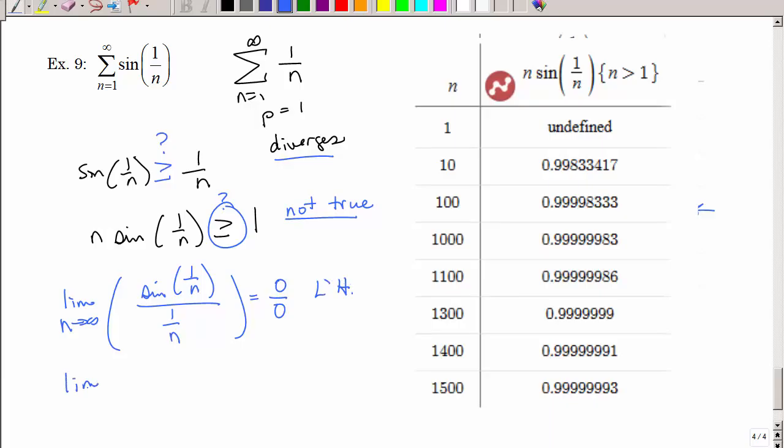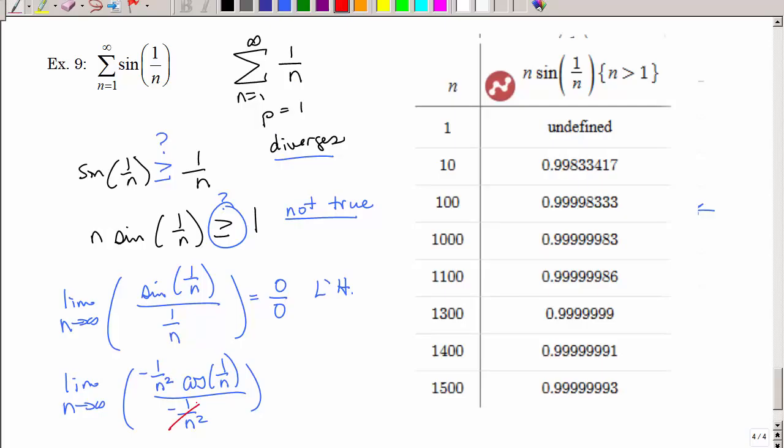So now, using L'Hopital's rule, the derivative of 1 over n is negative 1 over n squared. And the derivative of the sine of 1 over n is going to be the cosine of 1 over n times, again, the derivative of 1 over n.